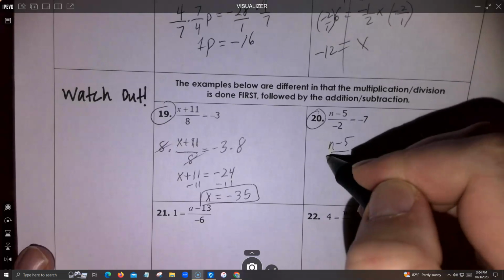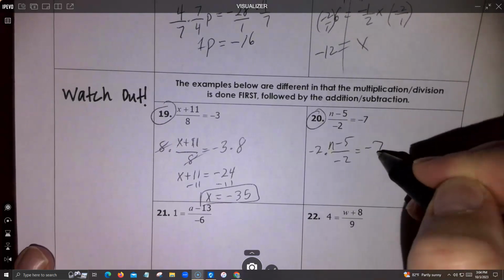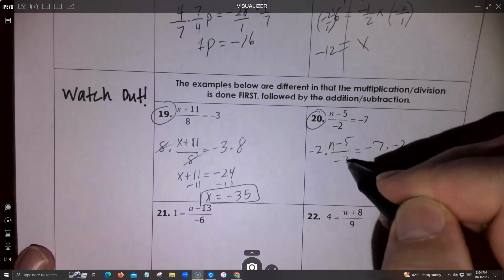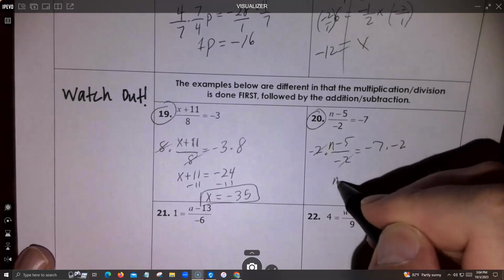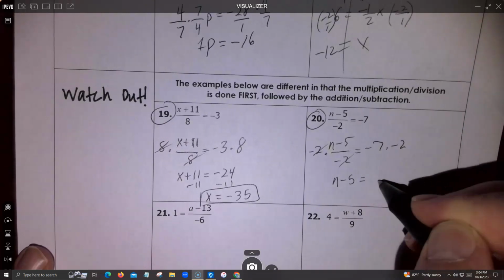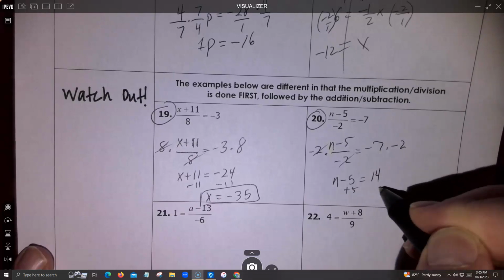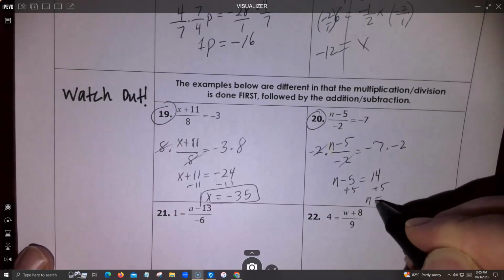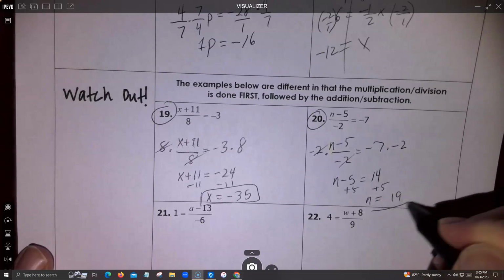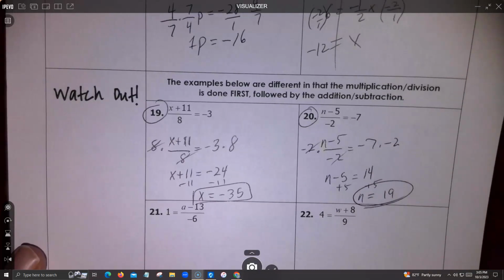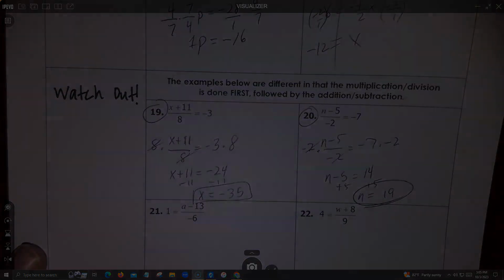This is a division, remember, so I got to multiply by negative 2. Multiply by negative 2 to get rid of these 2's. So now I have n minus 5 equals, what's that? Negative and negative is positive, 14, then add 5. So in these instances, my adding or subtracting is being done second, but only because of these special cases. So hopefully this all helped you.